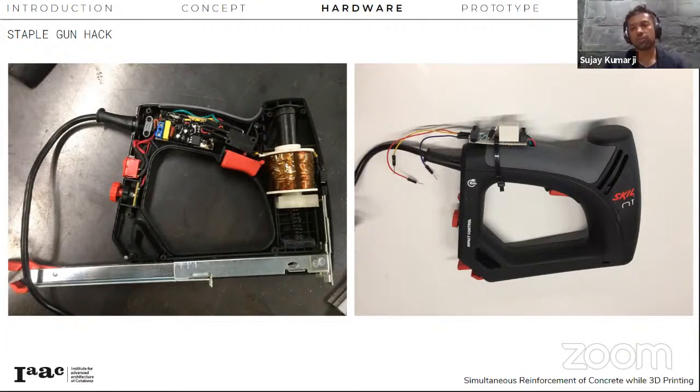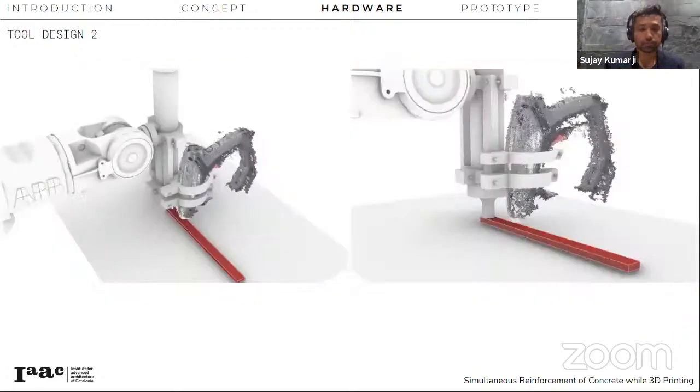So we decided to go for a small hack, where we decided to adopt an existing staple gun, an electrical carpenter's staple gun, and modify it to force it to staple into the printed layers, so that it can be mounted onto the robot as such.